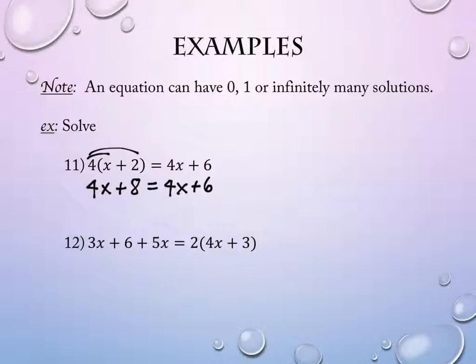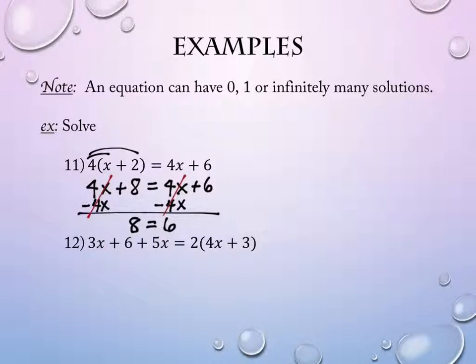What would be my next step? Subtract a 4x, right? So what happens when I subtract a 4x? Yeah, there's no x's left, right? I end up with an 8 on the left, and I end up with a 6 on the right.